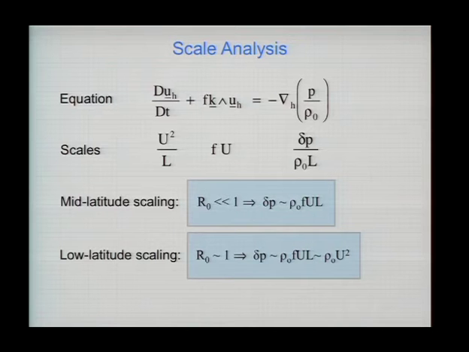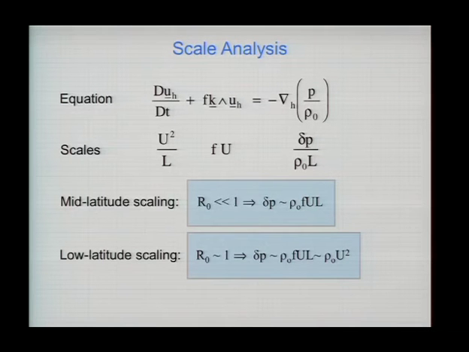In other words, we take the acceleration, we think it's small, get rid of it, and this balances this. Or in other words, delta P divided by rho times L would be about the same size as F times U. Or rearranging that, delta P goes like rho F U L. That tells us how big the pressure has to be.